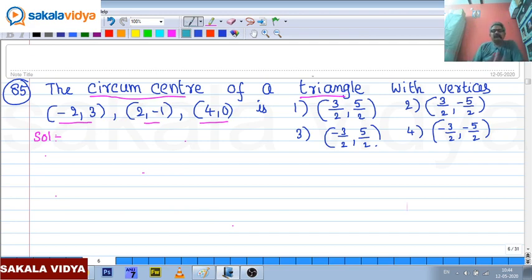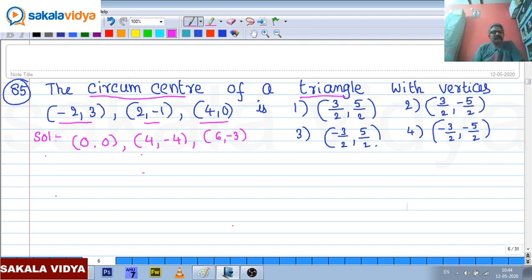So now subtract minus 2 comma 3. This will be 0 comma 0. This will be 4. This will be minus 1 minus 3 minus 4. 4 plus 2, 6. 6 comma minus 3. Correct?